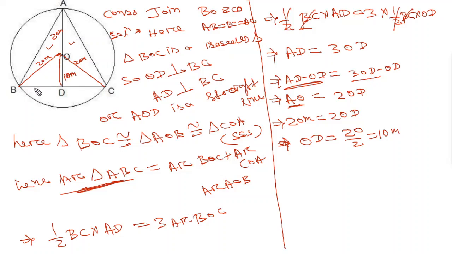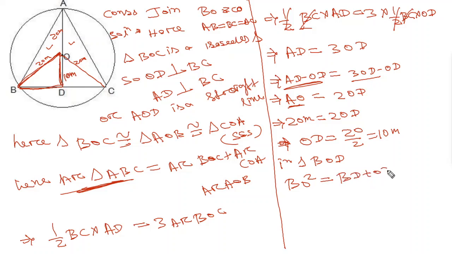Now you can see there is a right angle triangle, triangle BOD. This is a right angle triangle. Now in triangle BOD, you have BO square is equal to BD square plus OD square.